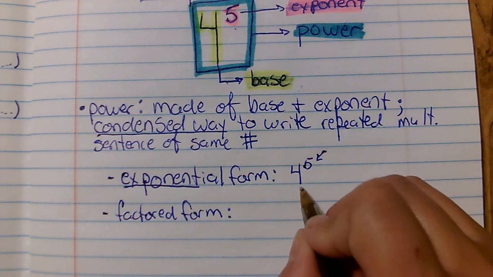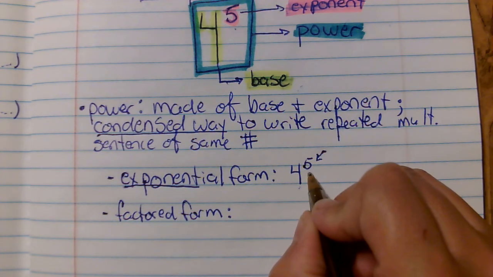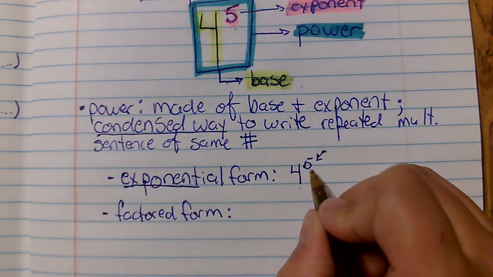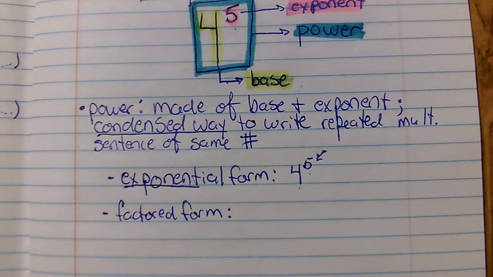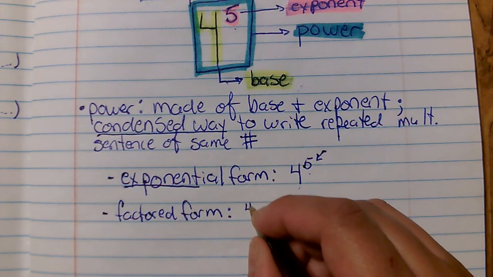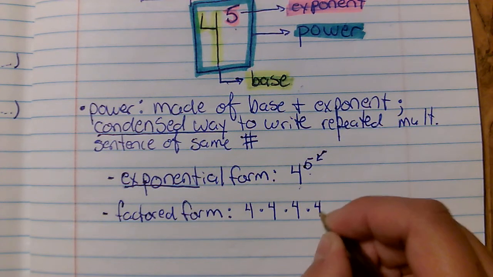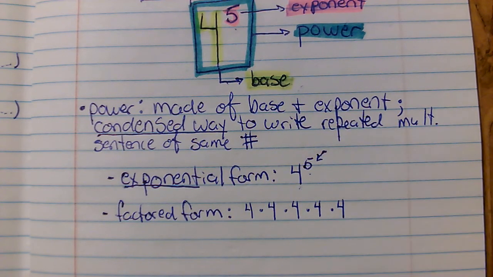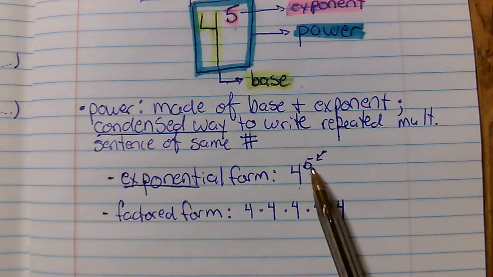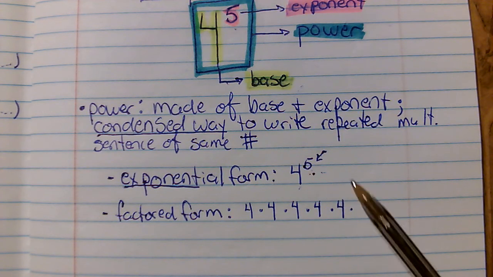In this case, I have 4, and the exponent is telling me to multiply 4 by itself 5 times. So if I was going to write this out in factored form, it would look like this: 4 times 4 times 4 times 4 times 4. I see the base number 4, and I see it 1, 2, 3, 4, 5 times.